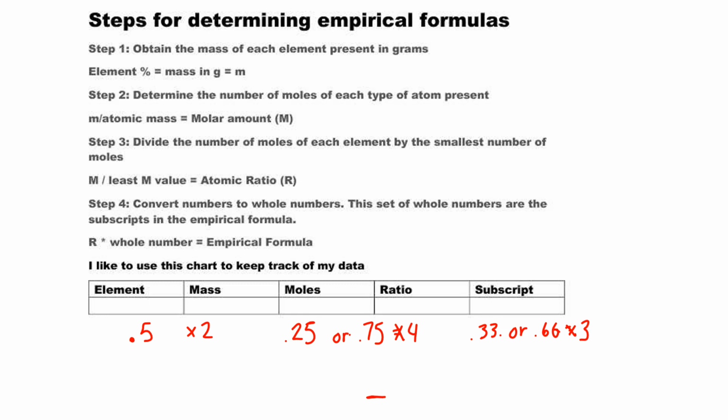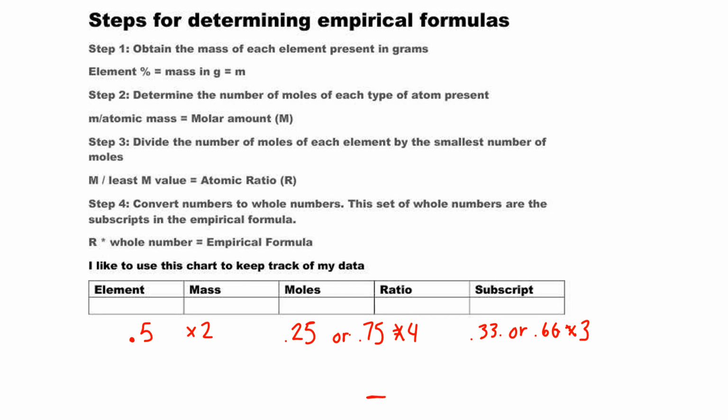So we multiply all of our subscripts. If I get 0.5, I multiply all of them by 2. If it's 0.25 or 0.75, I multiply all of them by 4, because those are quarters. If I get something close to 0.3 or 0.6, I multiply everything by 3, because those are based off thirds. As we practice, it'll make more sense.